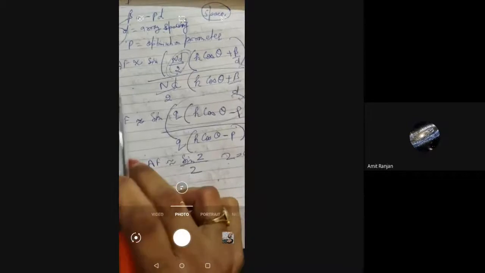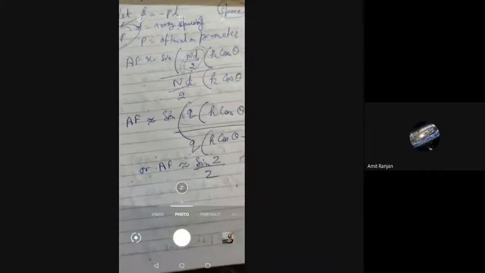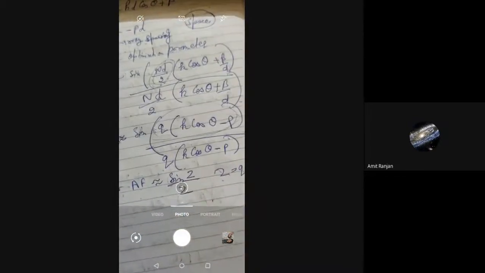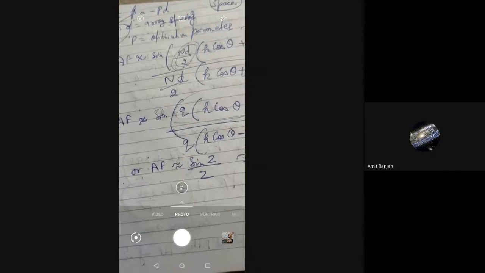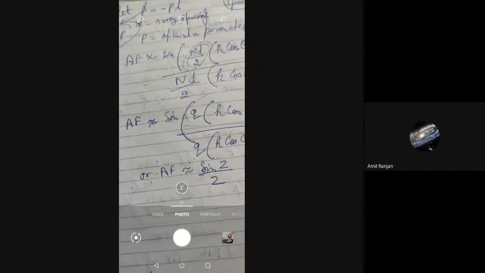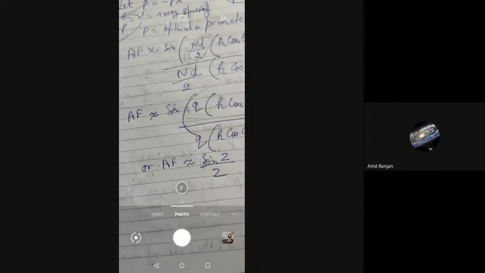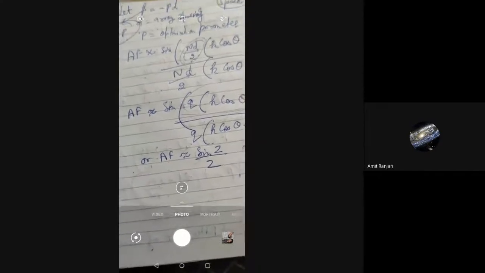So these are the different conditions given by Hansen-Woodyard to increase the directivity of the antenna, that is, how to change the value of the beta factor, the phase constant, so that we can achieve maximum directivity of the main lobe.